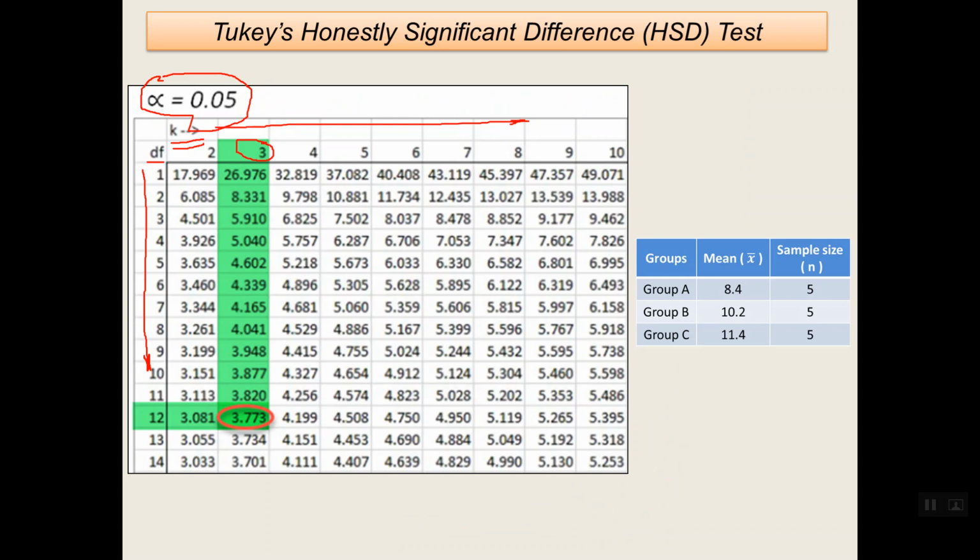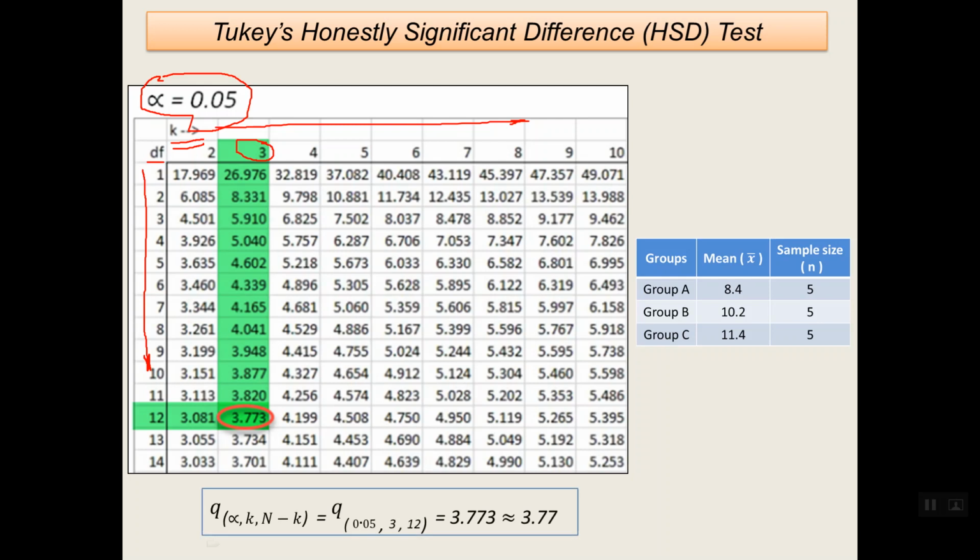So the intersection between k equal 3 and degree of freedom equal 12 is 3.773. So this is the value of the studentized range Q at 0.05 and k equal 3 and capital N minus k, or the degree of freedom for the error, which is equal 12.